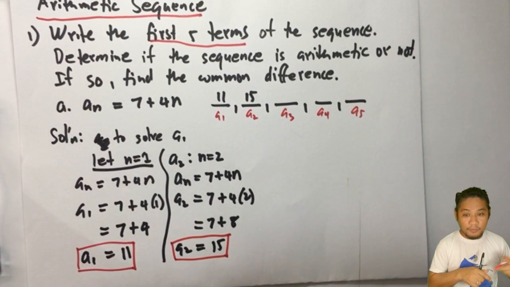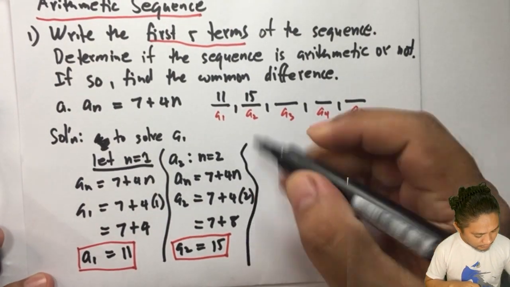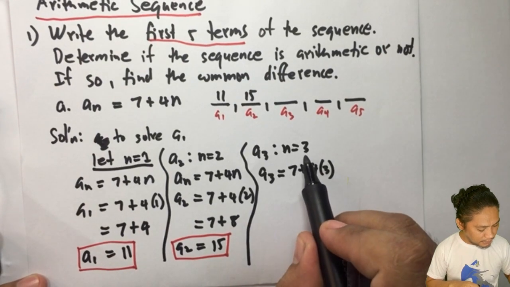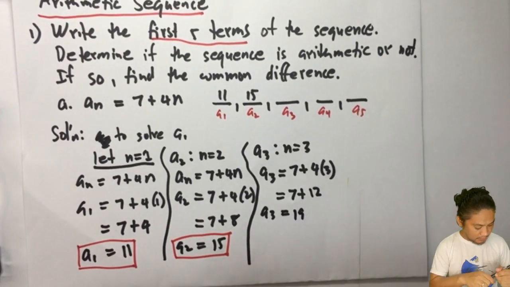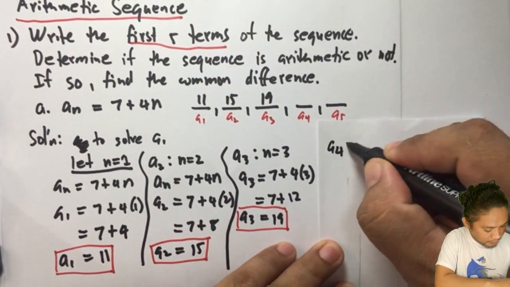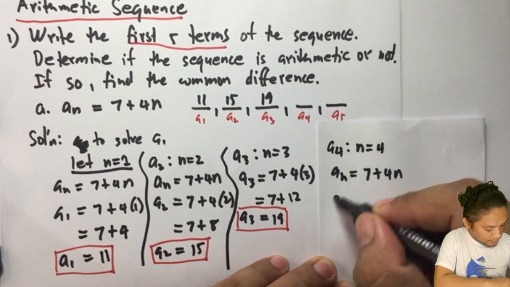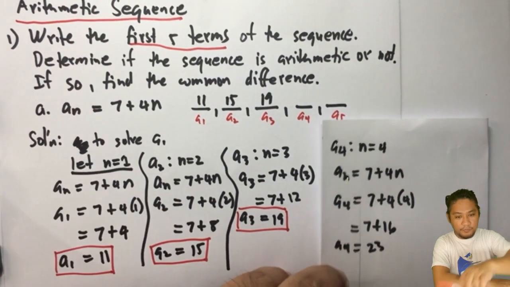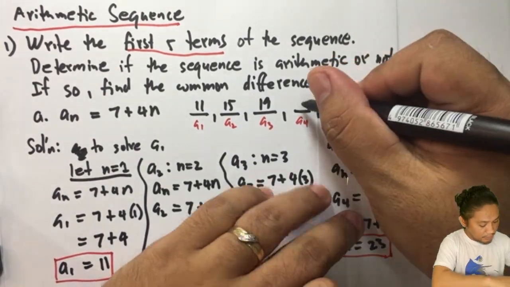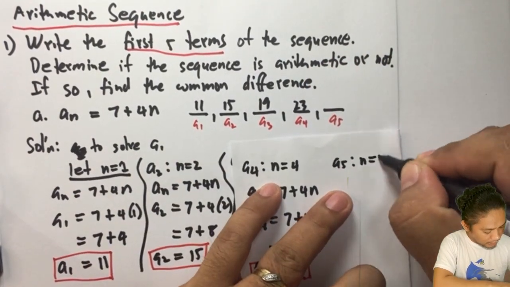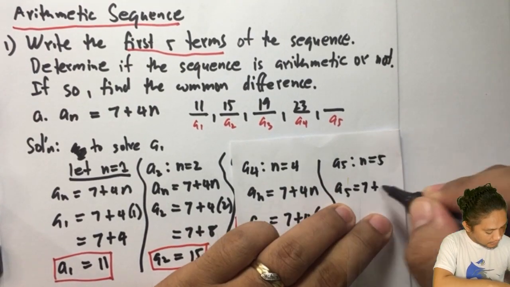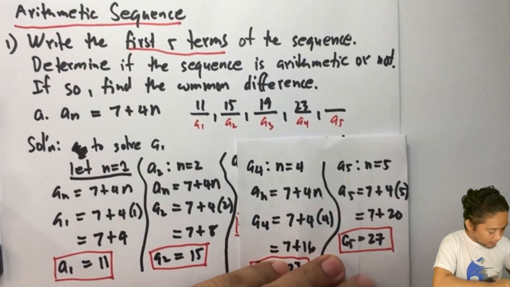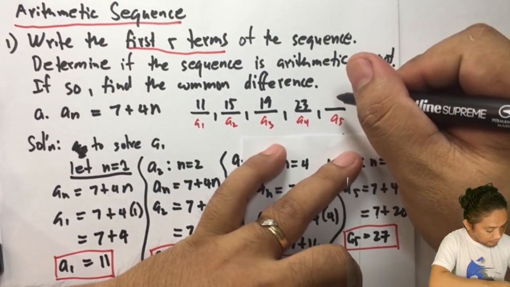To solve for the third term, we let n equals 3. Our fifth term is 27.